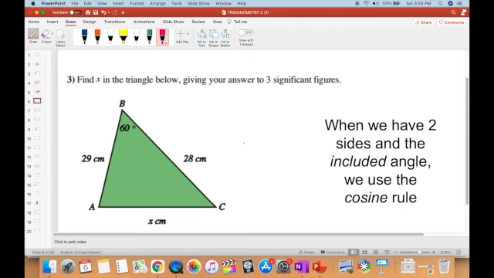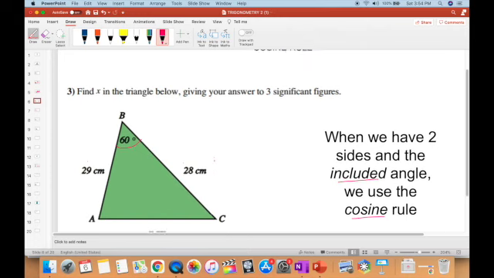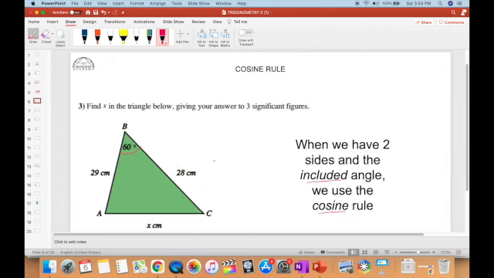You'll notice something. We have the two sides and we have the included angle. So when we have two sides and the included angle, we use the cosine rule. Right? So write that down and let me hear 3 donuts for the cosine rule.